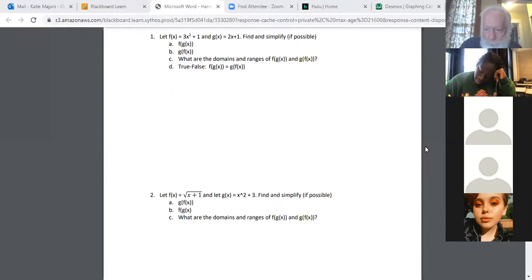So, start out 12x squared plus 12x plus 3 plus 1. And then 12x squared plus 12x plus 4.